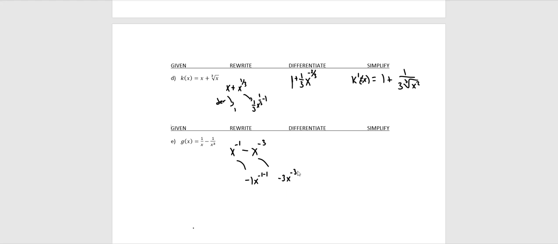a really hard time in my head, so I had to write it first. The derivative of x to the negative 1 is, bring down that negative 1, and then it's x to the negative 1 minus 1, right? So we always subtract 1. So this is negative 1 x to the negative 2 minus. I brought down the negative 3, x to the negative 4.